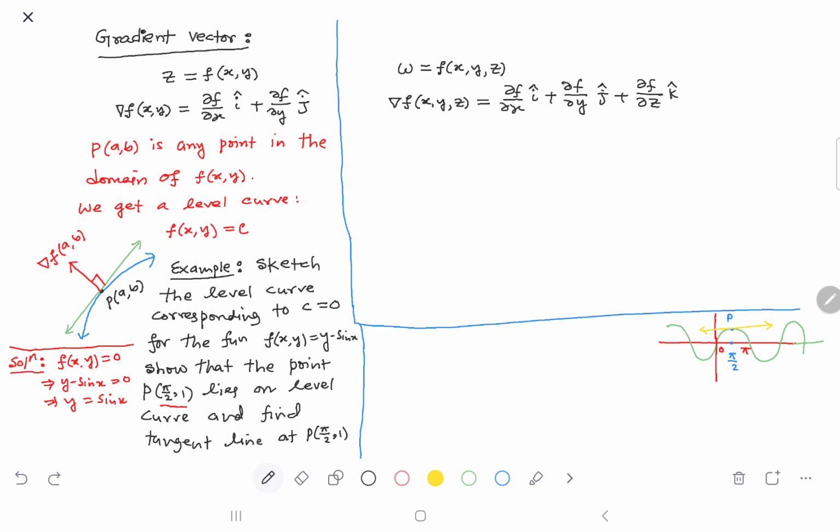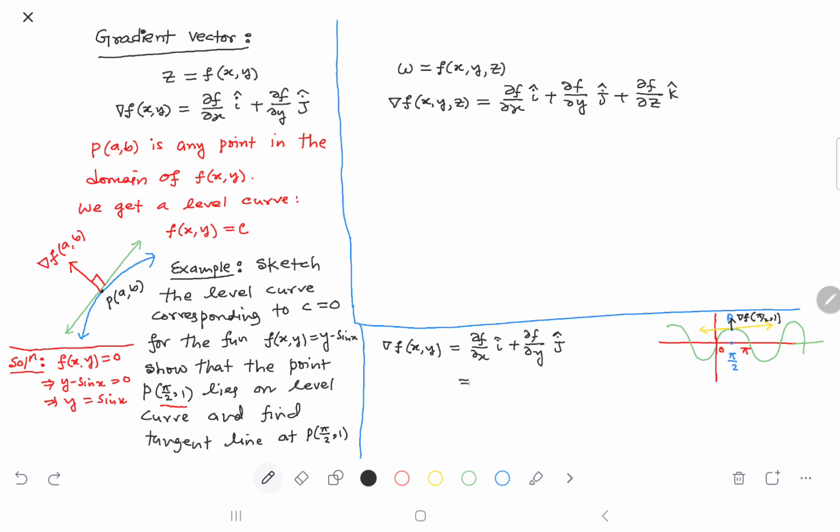To write down the equation of the yellow line, what do we want? Using the gradient, we will get a normal vector. So this is the gradient of the function f at the point pi by 2 comma 1, right? If you calculate the gradient of f at the point x comma y, we get del f del x i cap plus del f del y j cap, which geometrically gives us the normal vector to the tangent line.